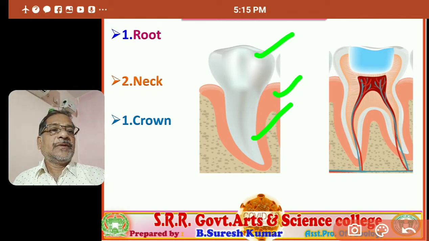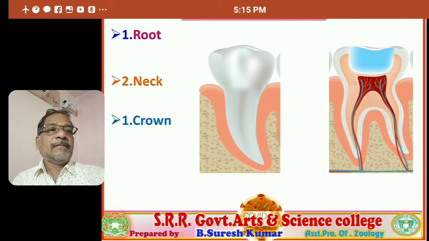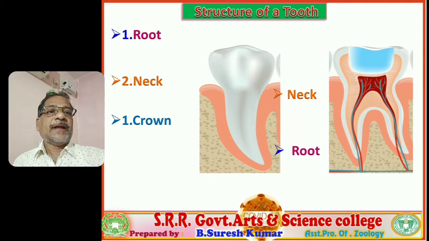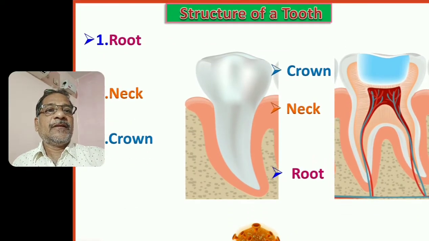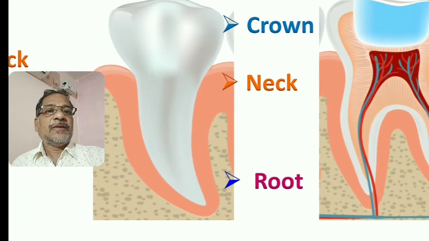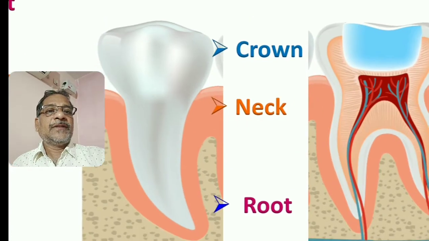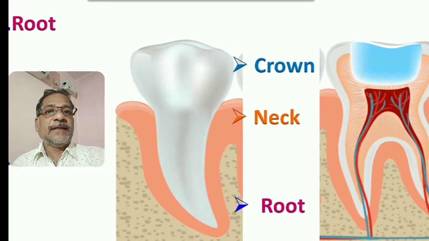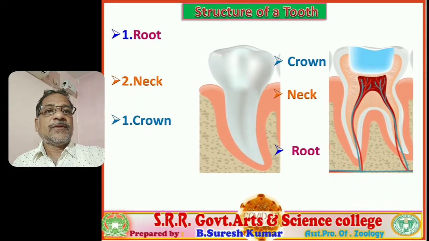From base to tip, I explained: root, neck, and crown. Carefully observe the visual. So three components are found in the anatomy of a tooth.